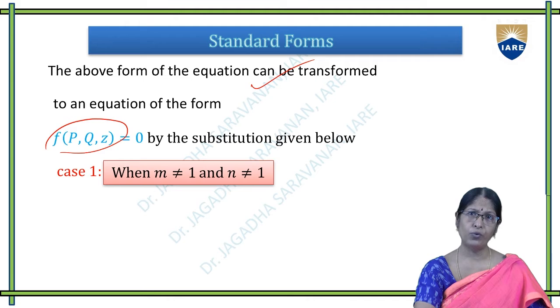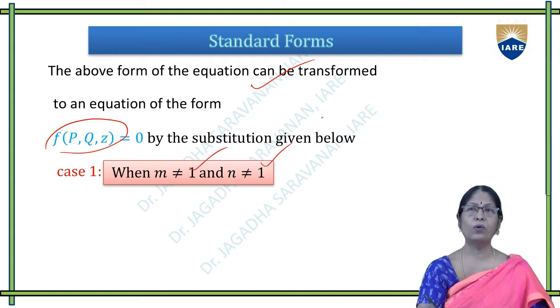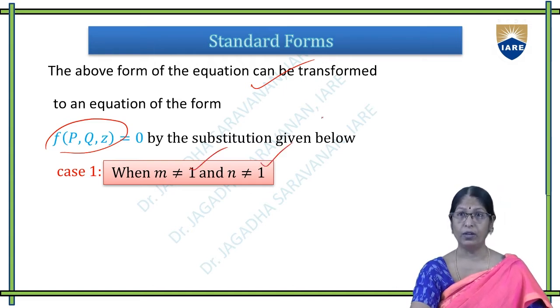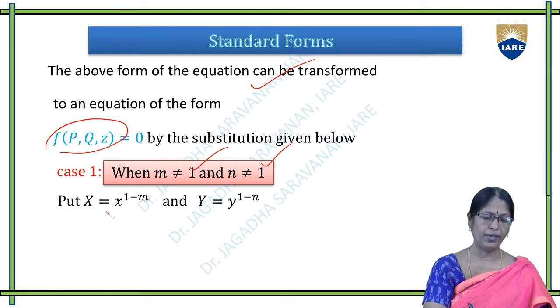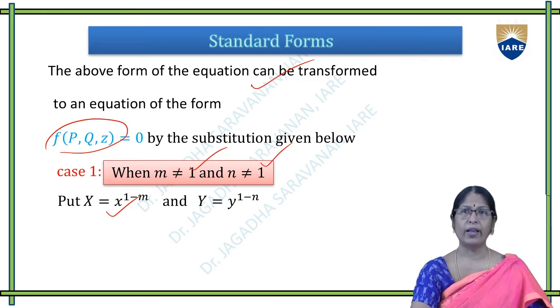Then whatever conditions hold for standard form 2, we will apply them. Now x has the power m and y has the power n. In case the powers are not equal to 1, then we have to assume capital X equal to small x power 1 minus m, and capital Y equal to small y power 1 minus n.